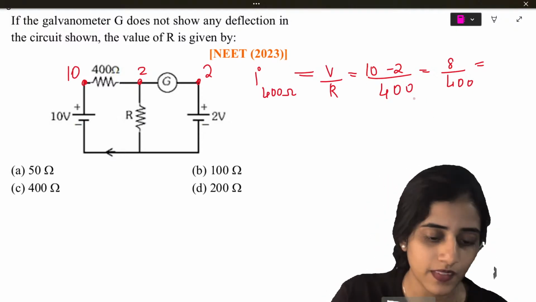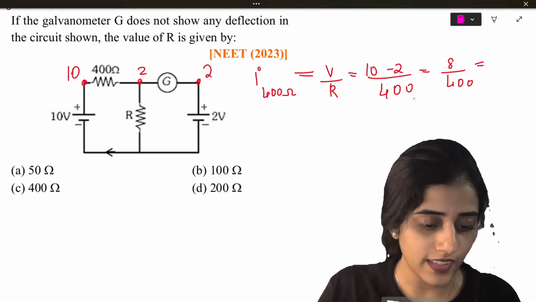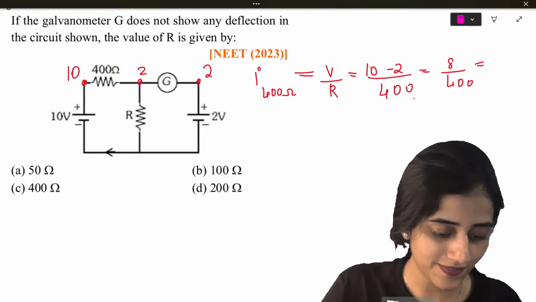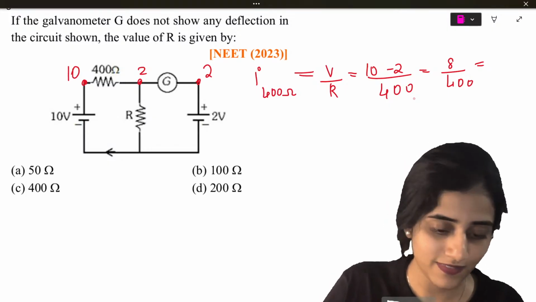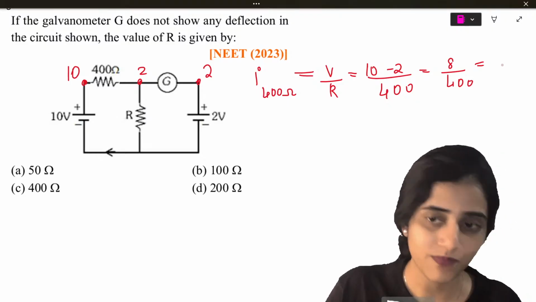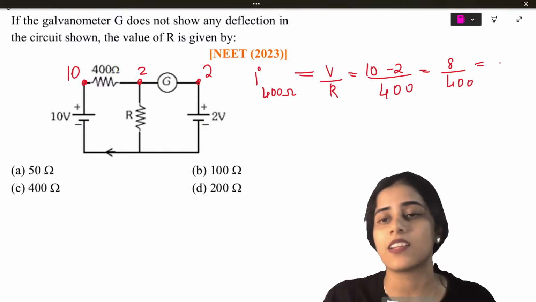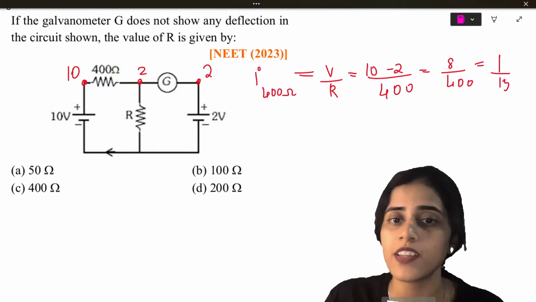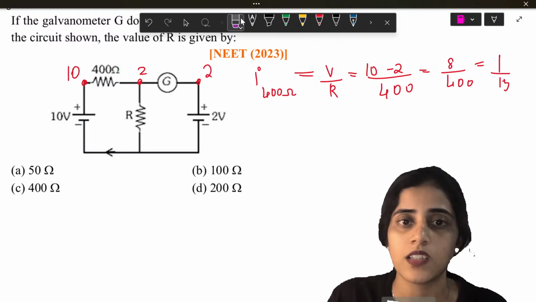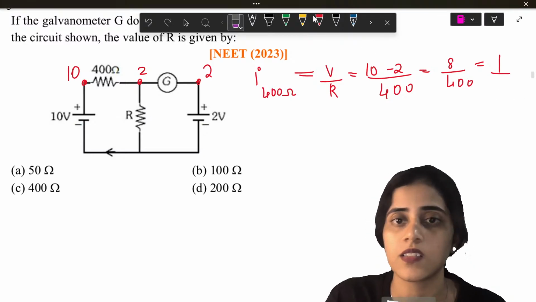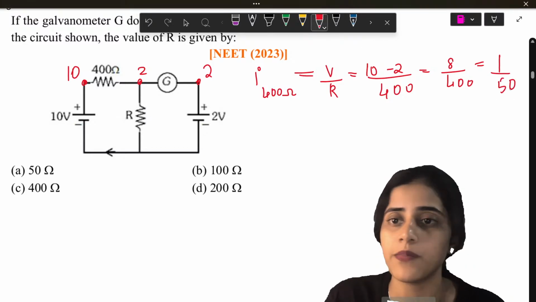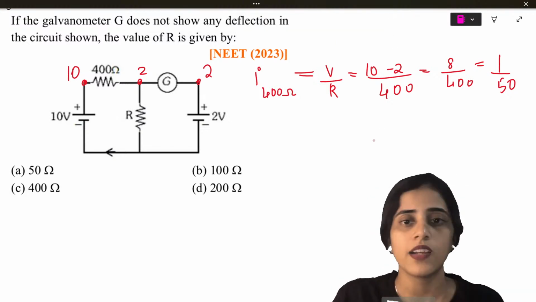Quickly. Are you all getting the answer? Okay, anyways, 8 by 400 is 1 by 50. Okay, let's keep that there.